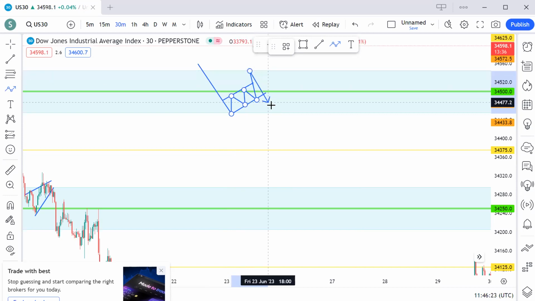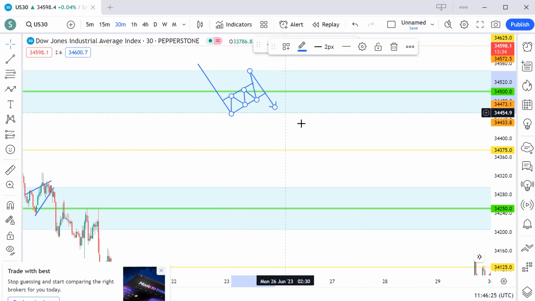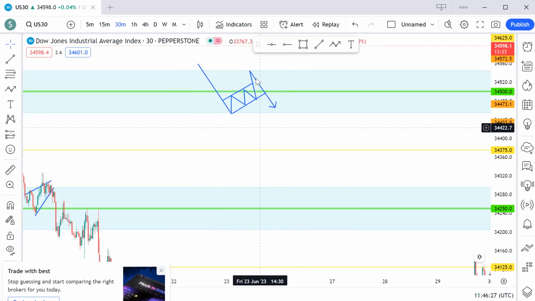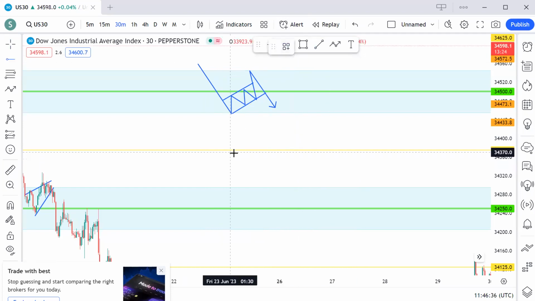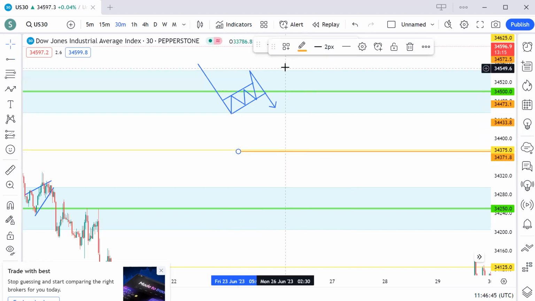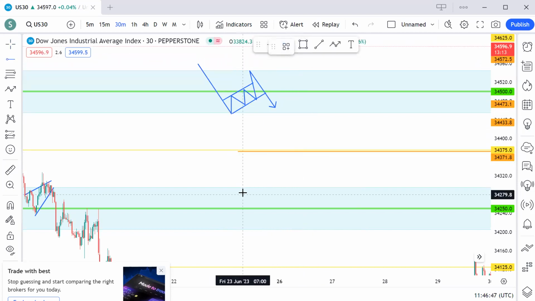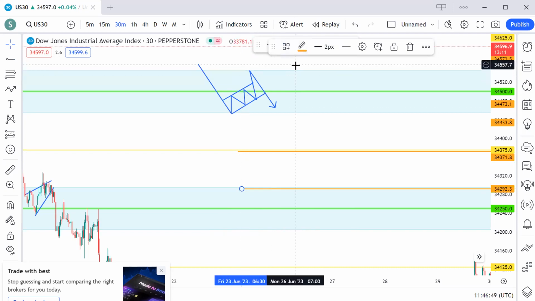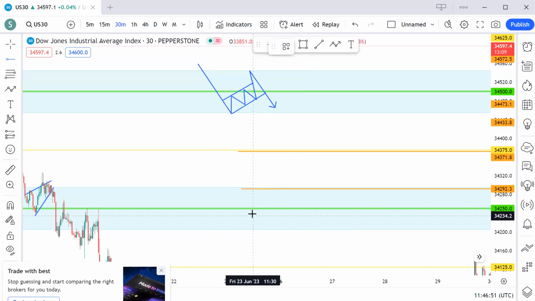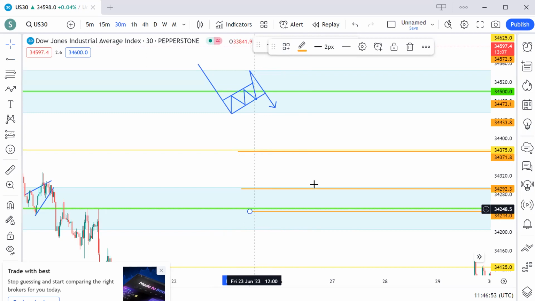Liquidity spike and the breakout. Okay, so we've got a bearish flag. We had our liquidity spike and the breakout to the downside. And for example, our TPs, our previous lows to find TPs are lower than mid-range, lower than tip of zone, lower than key level.